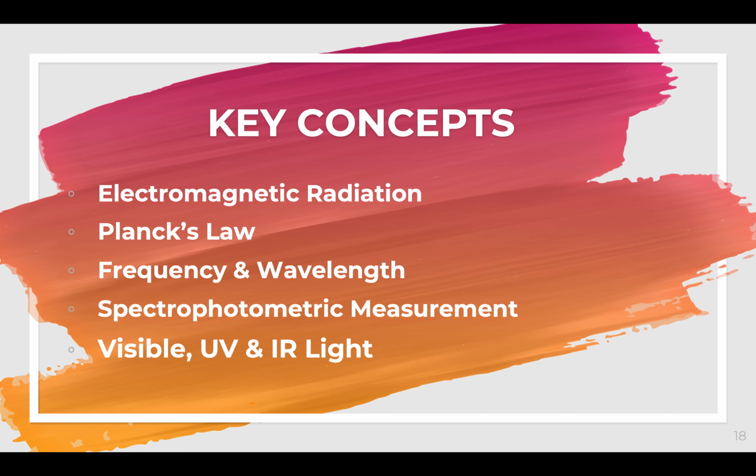When we are talking about your ultraviolet light, we are talking about less than 400 nanometers, and when we are talking about your infrared region, we are talking about greater than 700 nanometers. Okay, so that is it for now.